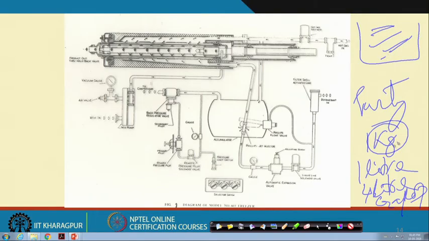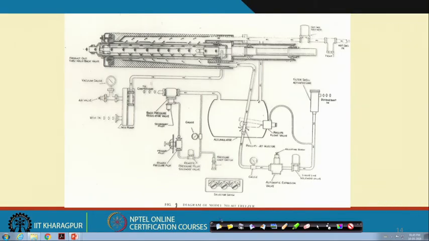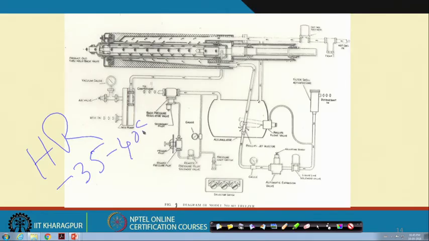Then all these are taken to the hardening room, which we said is minus 35 to minus 40 degrees centigrade.